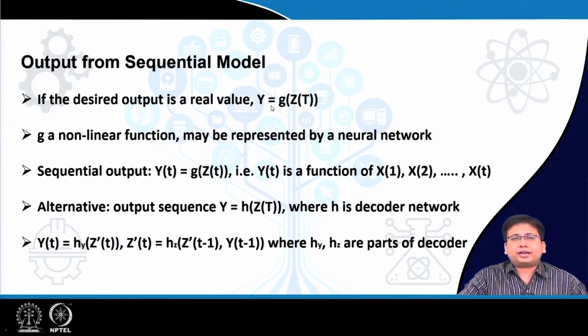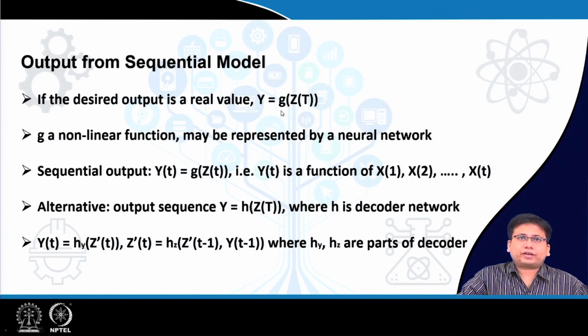In that case we can express y as just g of z_T, the final system state, which is achieved when the entire input sequence has been received. So z_T in a sense contains the entire input information represented in some arbitrary way, and on that I apply the function g and get the output. This g can be a non-linear function, and it can again be represented by another neural network.